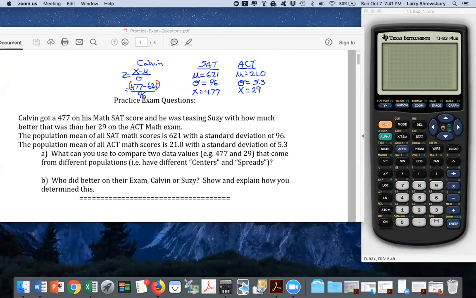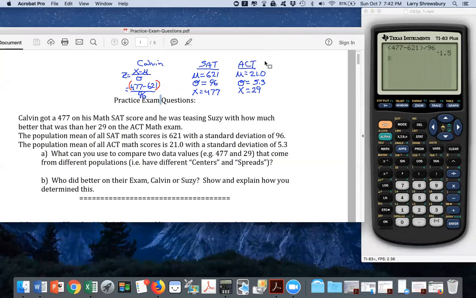Otherwise, we'll get a really wrong answer. So let's punch that in: 477, subtract 621, divide by 96. So Calvin is 1.5 standard deviations below the mean.